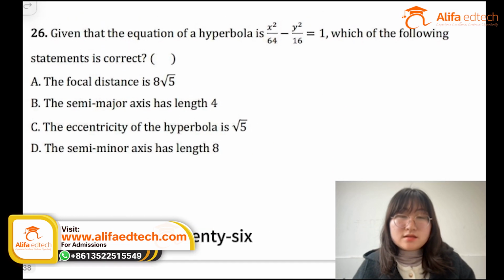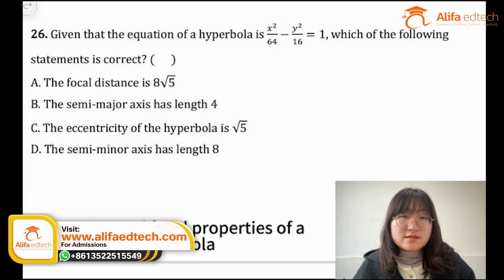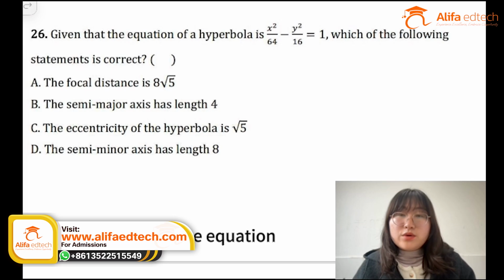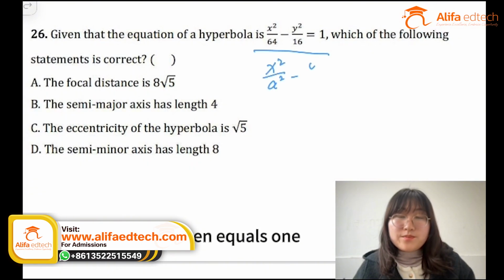Question 26. The focus here is understanding the standard equation and focal properties of a hyperbola. We are given the equation x squared over 64 minus y squared over 16 equals 1.